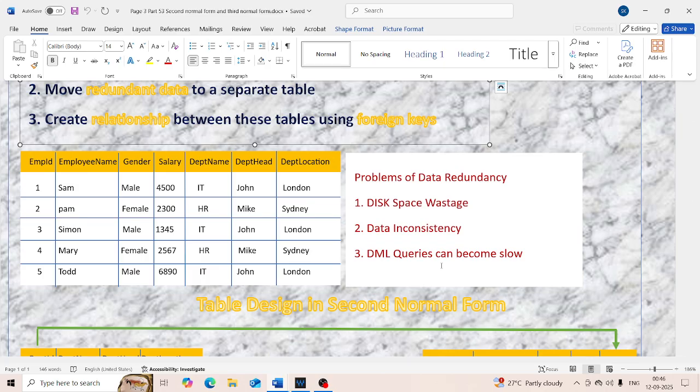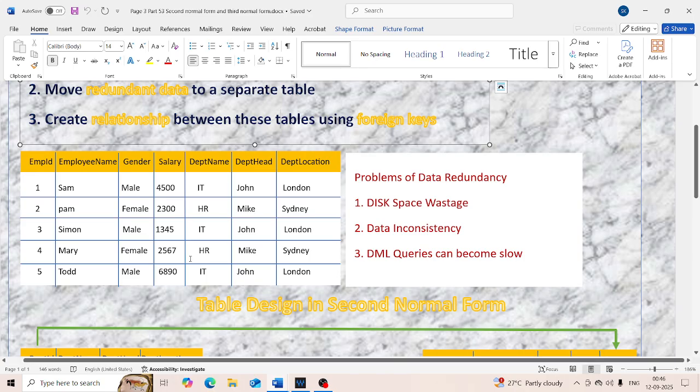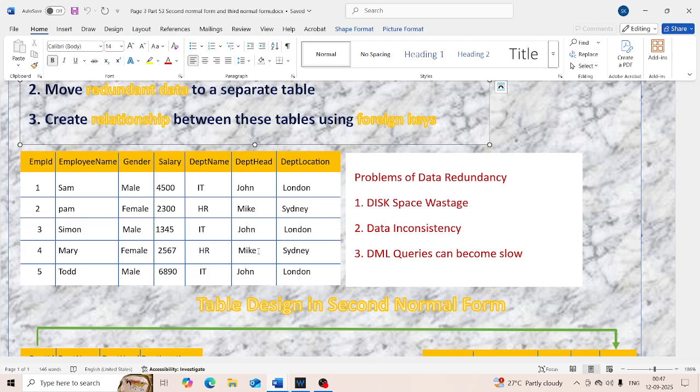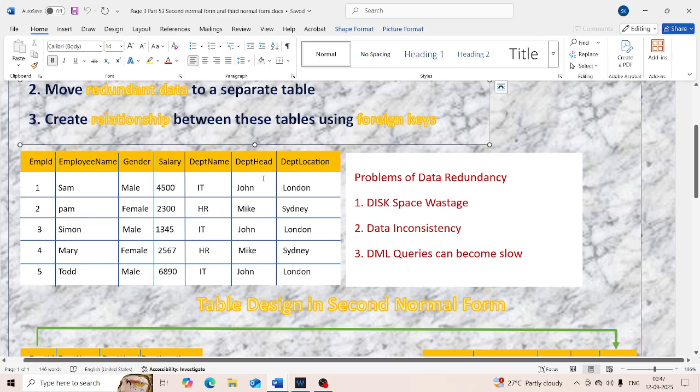Because there are a large number of rows to process. If there are 100,000 employees, we have 100,000 records to update as far as the department head and department location are concerned.